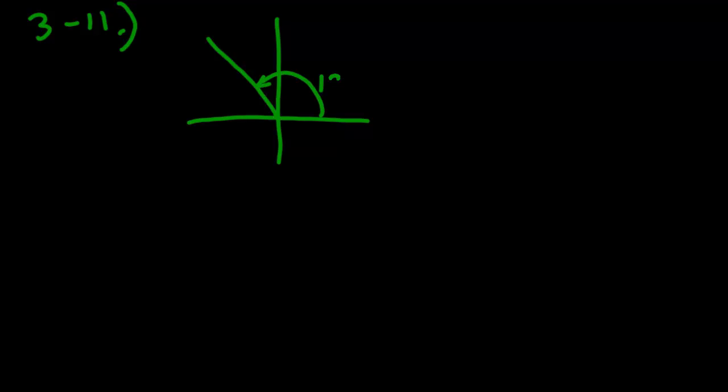So this is a 135-degree angle. This point is P, x and y, and we're given the length as 1.5 meters. And we're asked to find x and y, right?